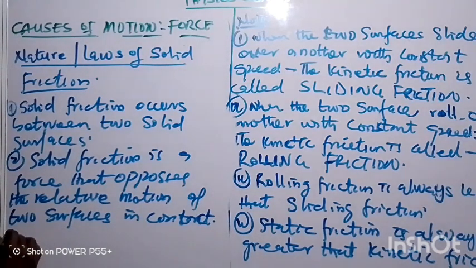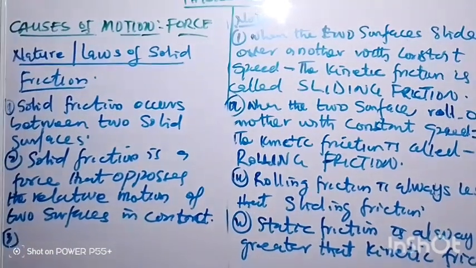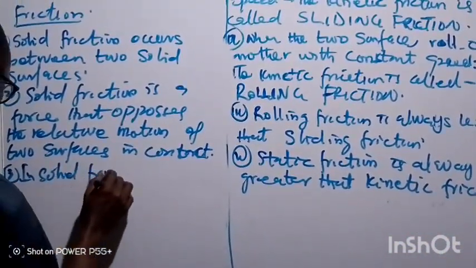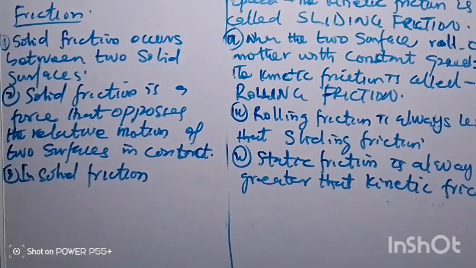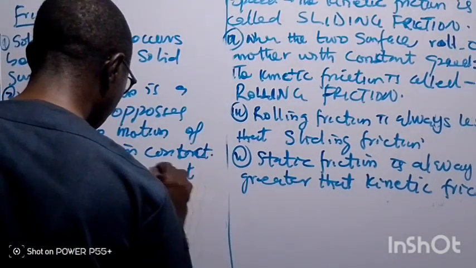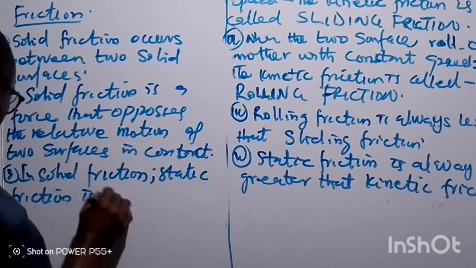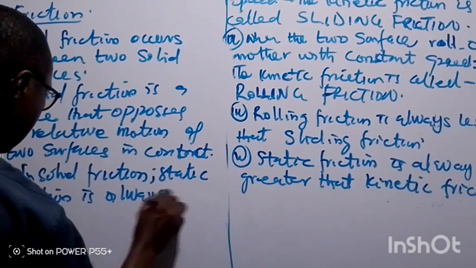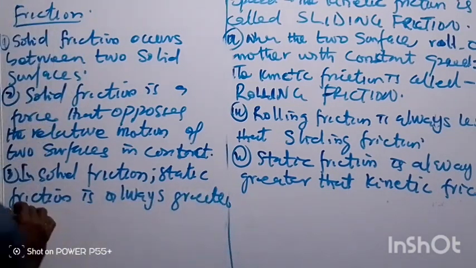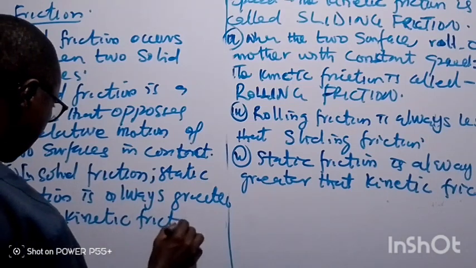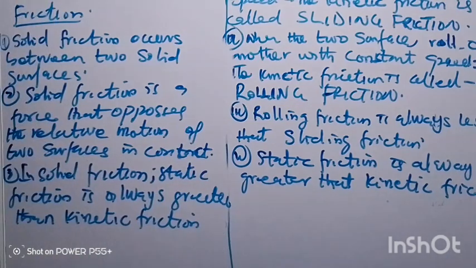3. According to what we said here, in solid friction, static friction is always greater than kinetic friction. That's number 3. 4.